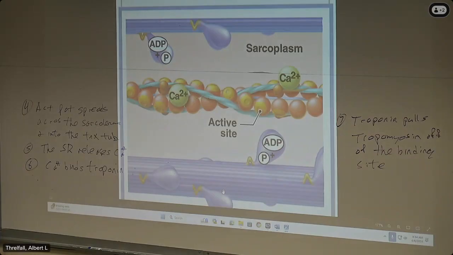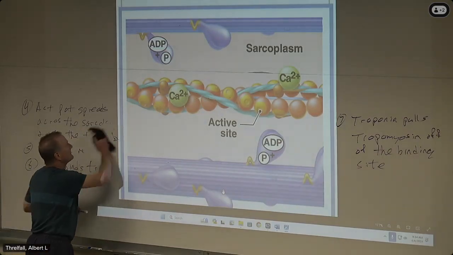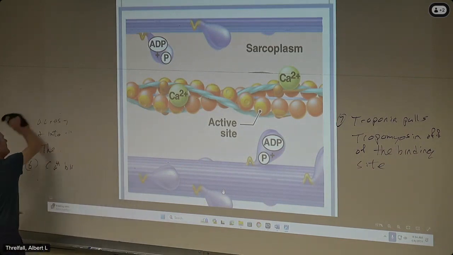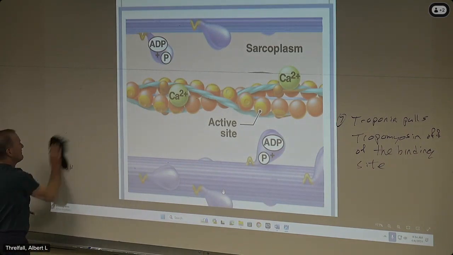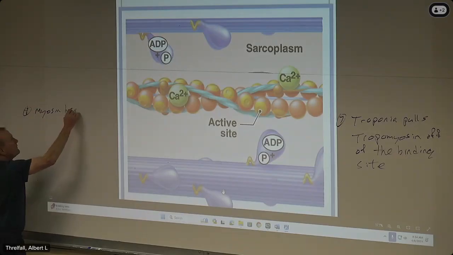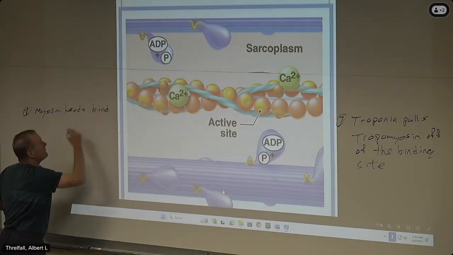Troponin has pulled tropomyosin off of the binding site. We see all of the yellow parts of actin exposed. Of course, we know what's going to happen next. The head's going to bind actin. Myosin heads bind actin.